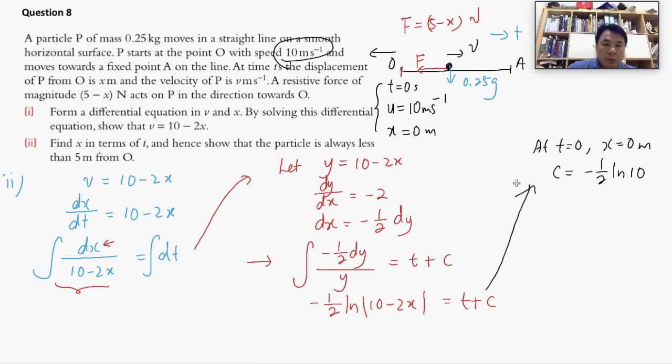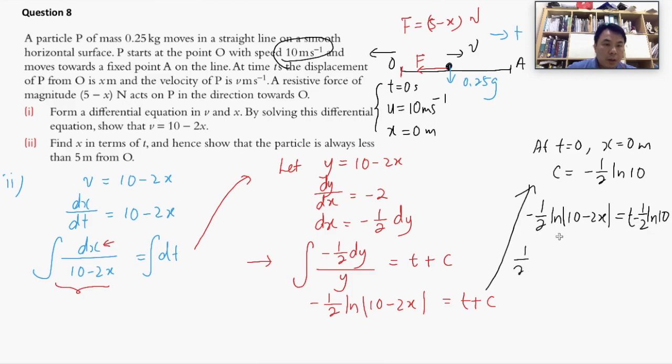Then we can write our expression for displacement, which is here. We have negative half ln of 10 minus 2x is equal to t minus half ln 10.